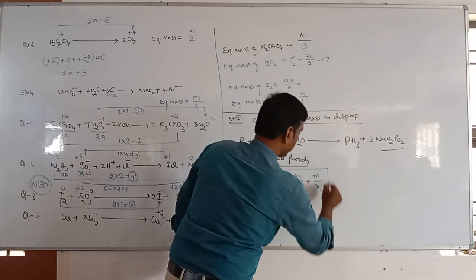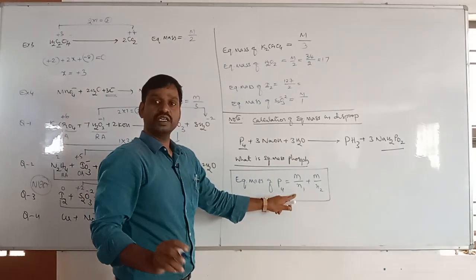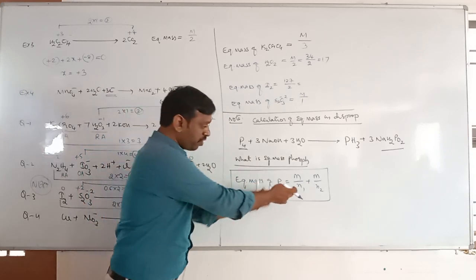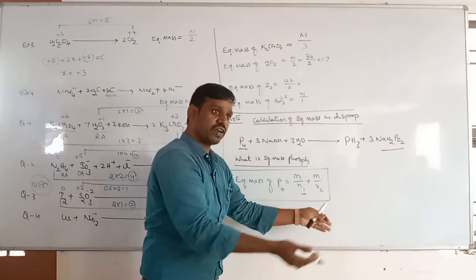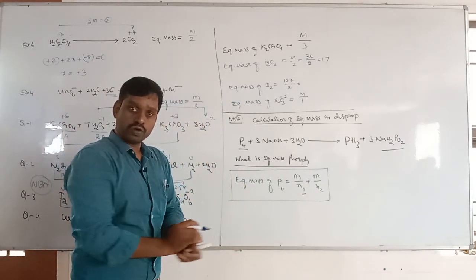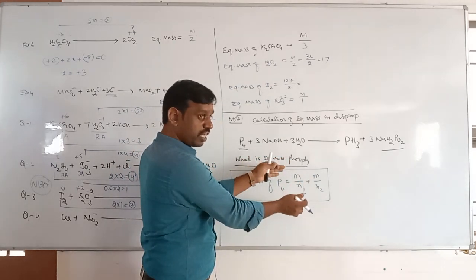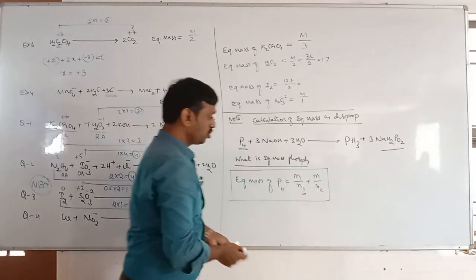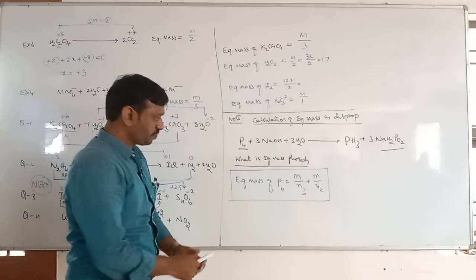M is the molar mass, of course. n1 is the number of electrons lost and n2 is the number of electrons gained, because we need the sum of the equivalent masses for oxidation and reduction. So this is the formula: M by n1 plus M by n2.